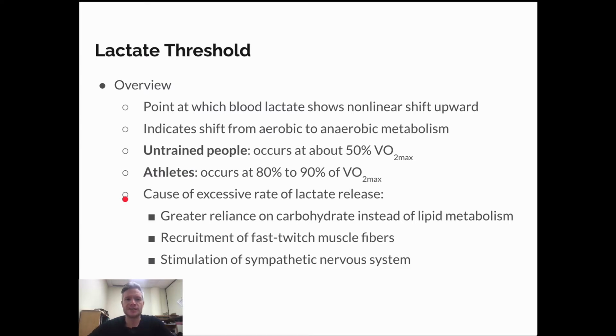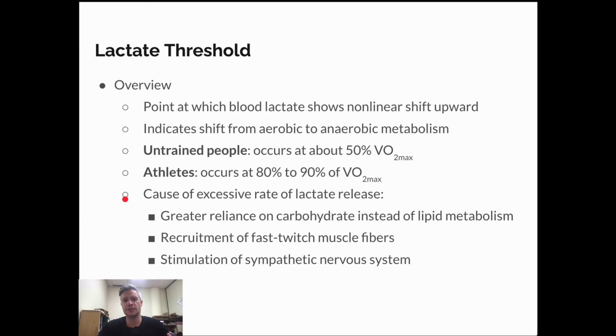Now, what is the cause of this? Well, ultimately what happens is as we increase our workload, we shift away from our fatty acid based metabolism, or our aerobic based metabolism, because again, that's the slow, low intensity, long duration, fatigue resistant muscle fiber types that we're using for that.